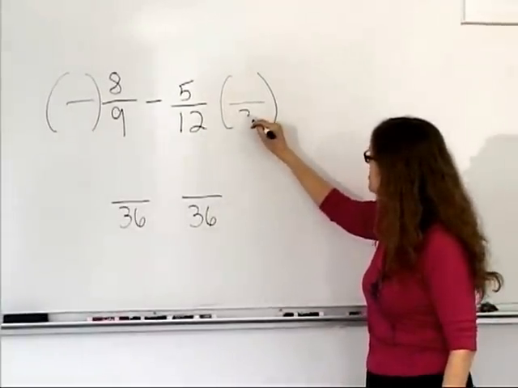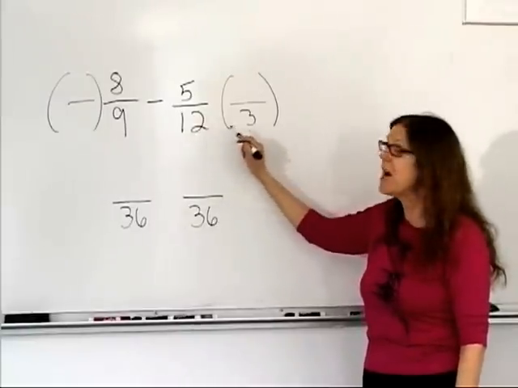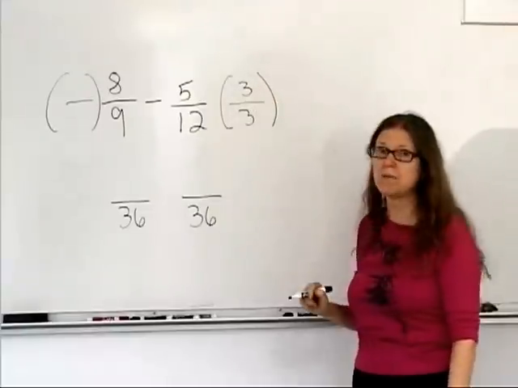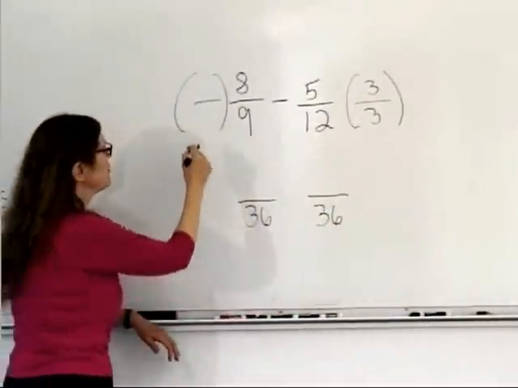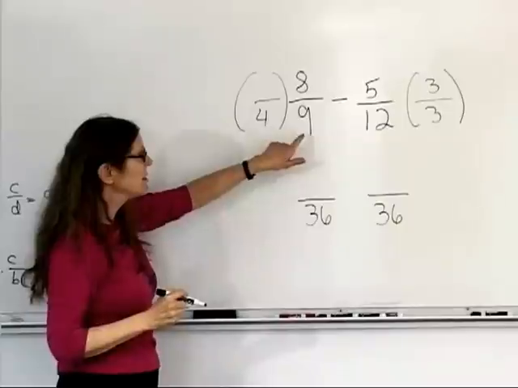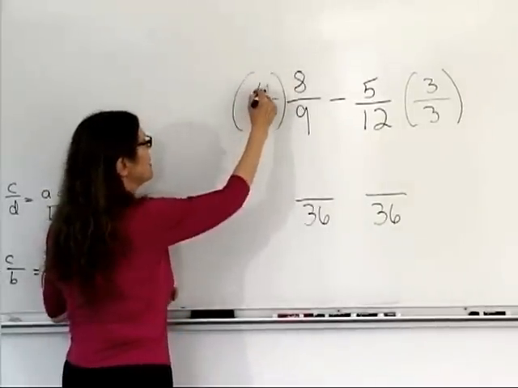12 times 3 will give me my 36. If I multiplied the denominator by 3, I must multiply the numerator times 3. If I multiply 9 times 4, I'll get 36. But if I multiplied the denominator by 4, I've got to multiply the numerator by 4.